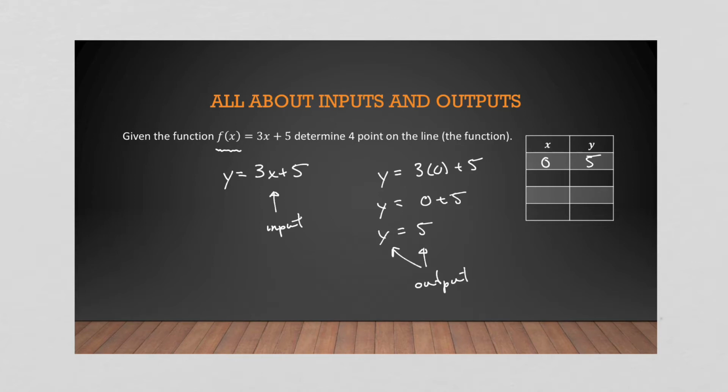So function notation takes that and keeps it the exact same. It's just instead of calling it y, we call it f of x. That's still our input, and f of x becomes our output, and f of x is our y. But it's just written in form of the function, not with respect to the letter y.